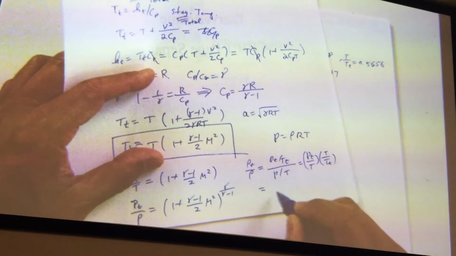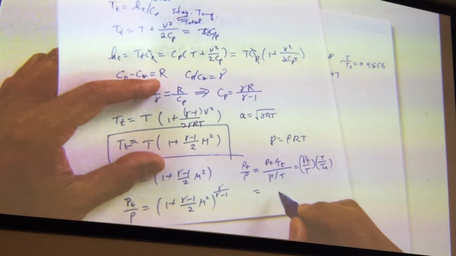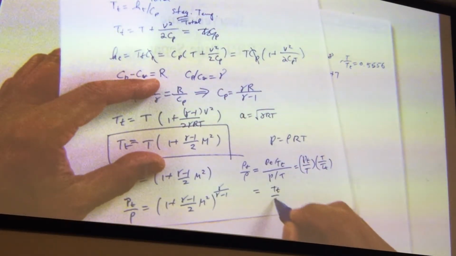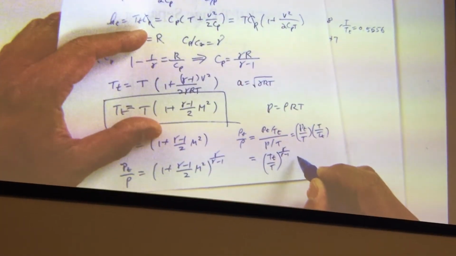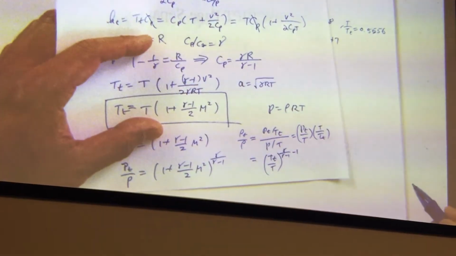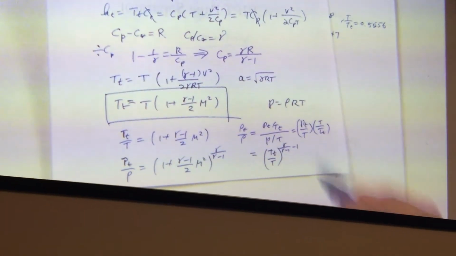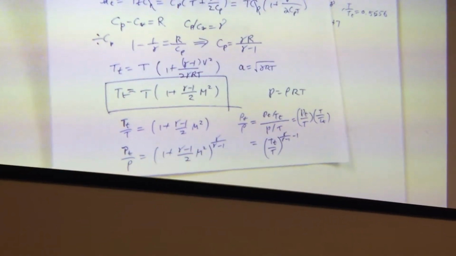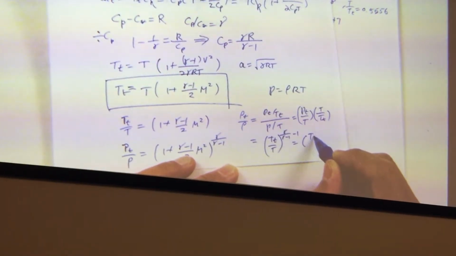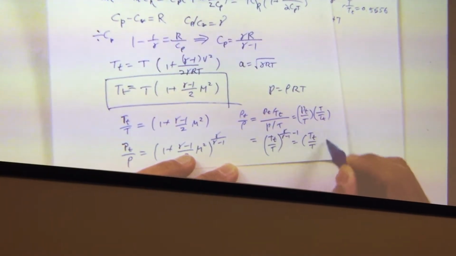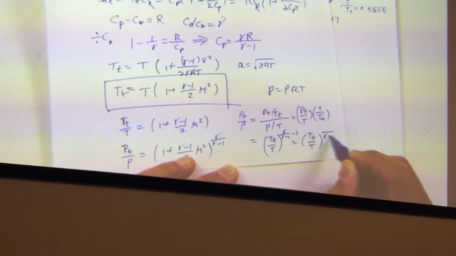So this will be equal to Pt over P times (P over Pt) to the power of (gamma minus 1) over gamma. Right? Because it's T over Tt, we multiply the exponent, minus 1. So this is equal to Pt over P to the power of 1 over gamma.